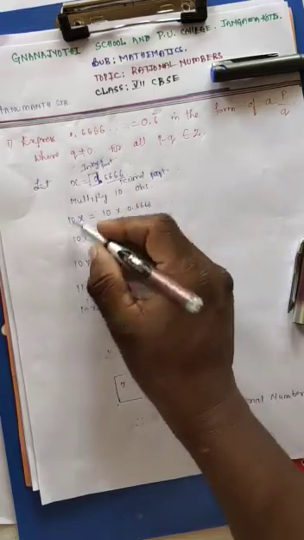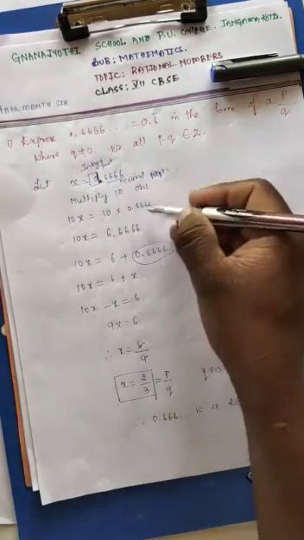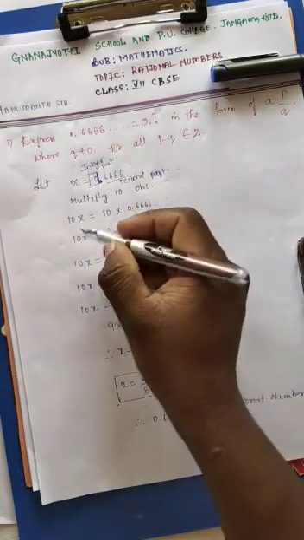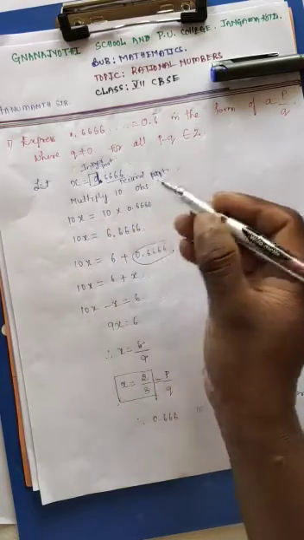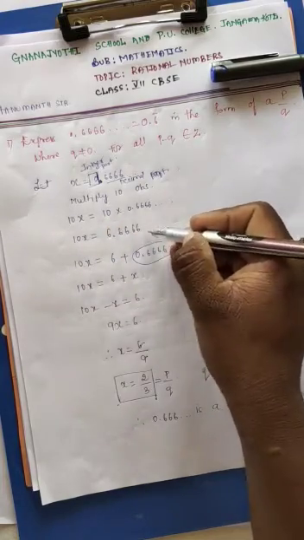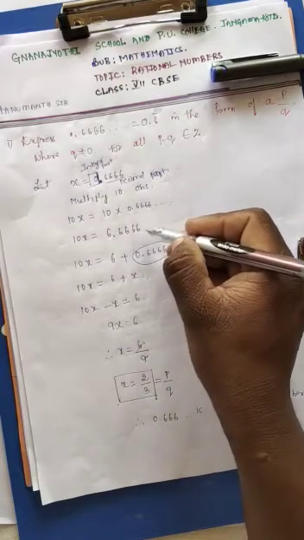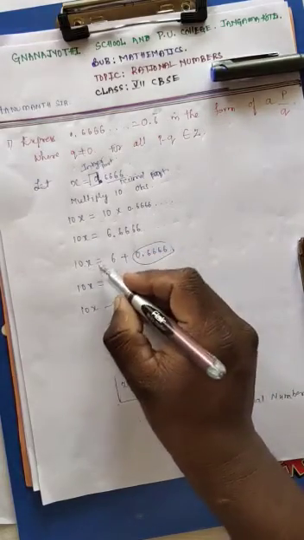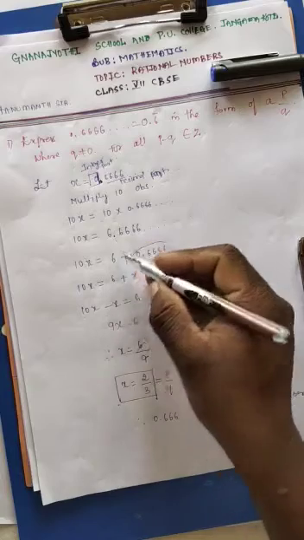We get 10x is equal to 10 times the given x, 0.666..., so after multiplication, 10 into 0.666 is 6.666. So 10x is equal to 6.666..., and here we can split it again into an integer part and a decimal part.